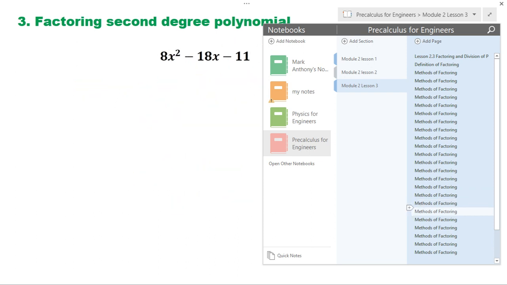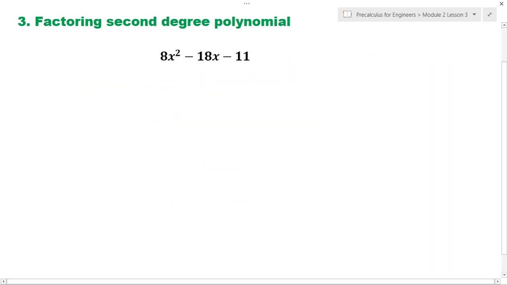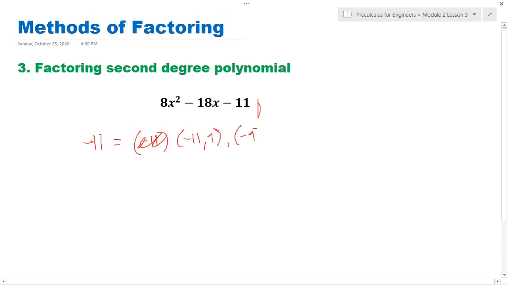So, para ma-further para ma-internalize nyo pa, let's say we have negative 11. For negative 11, we have negative 11 times 1. Or, meron pala, negative 1 times 11.